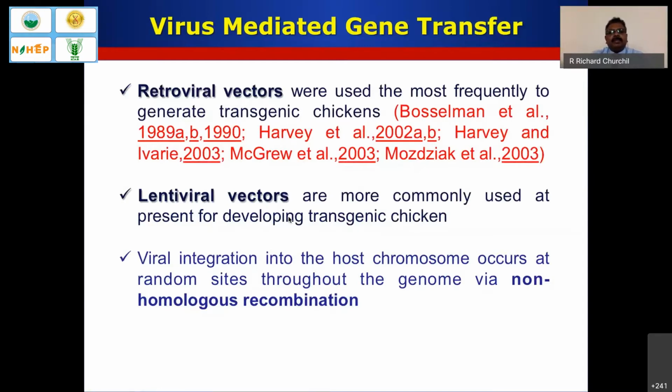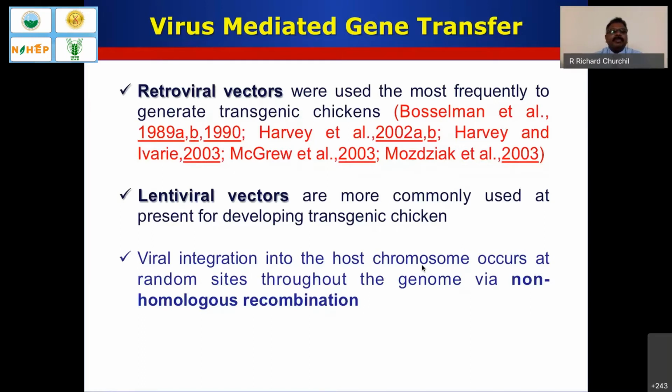The other problem with virus-mediated gene transfer is that it can carry only a limited size of foreign gene, like 8 to 10 kb only, and it will integrate its transgene in the host chromosome at random sites. So you cannot control the site of integration in this virus-mediated gene transfer.